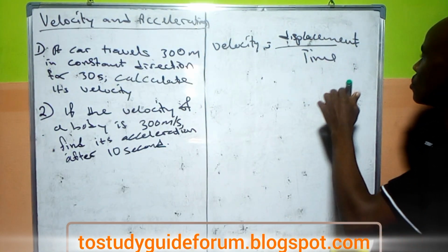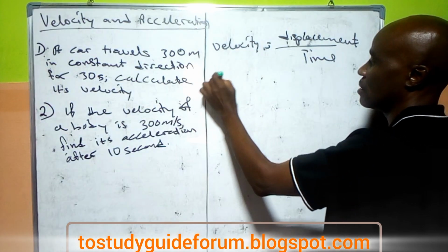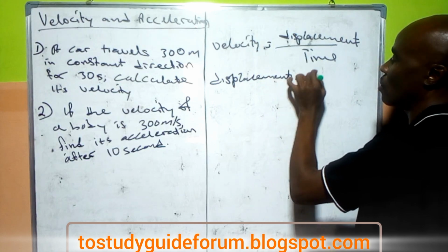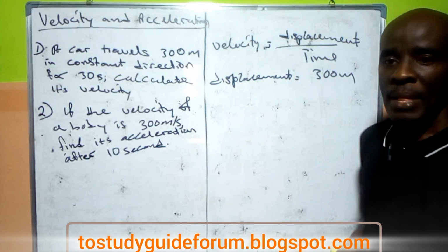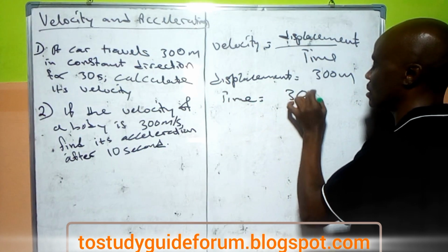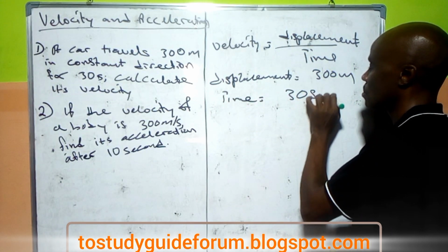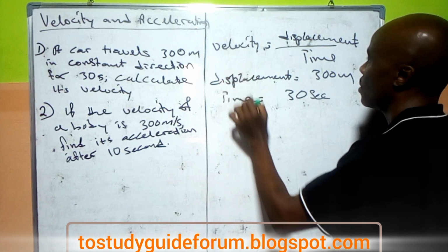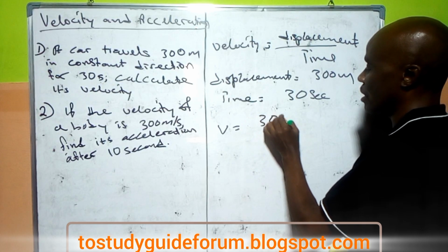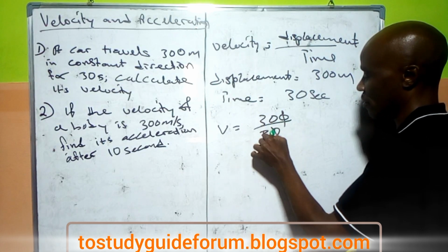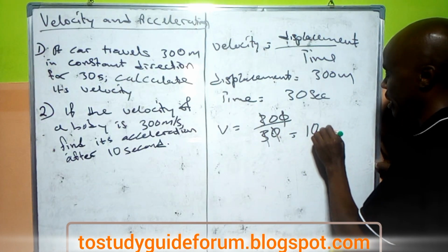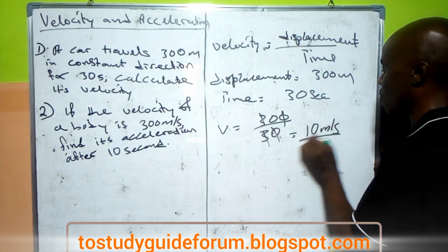We have our displacement, which is equal to 300 meters, and then we have our time. Time is what? 30 seconds. So what we do next, velocity will then be 300 over 30. That will give us 10 meters per second.